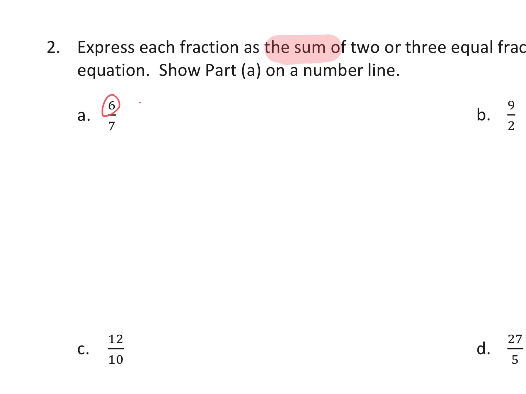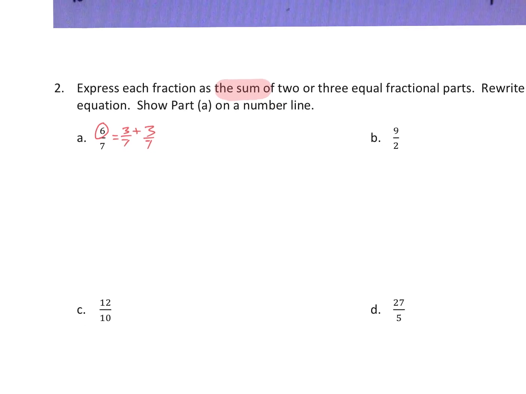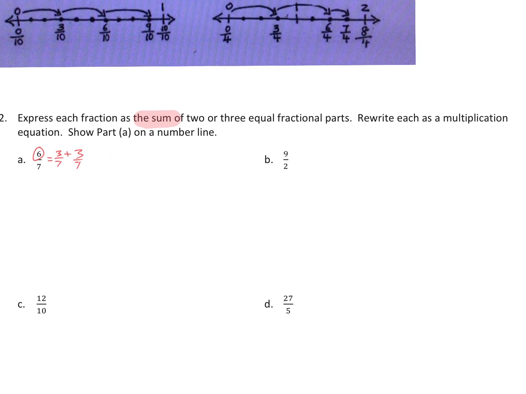Well, I know 3 plus itself, 3, gives me 6. And then I'm going to keep my denominator the same, 3/7 plus 3/7. So I know that 6/7 is equal to 3/7 plus 3/7. See, it was worded weird, but when you think about it, it's really, really simple what it's asking us to do.